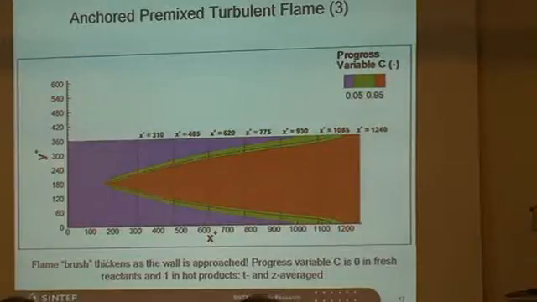The other is that the size of the turbulent eddies becomes smaller toward the wall. So we may be in a flamelet regime here, but in a more diffuse flame and distributed combustion regime near the wall, where the eddies are so small that they are very strong.